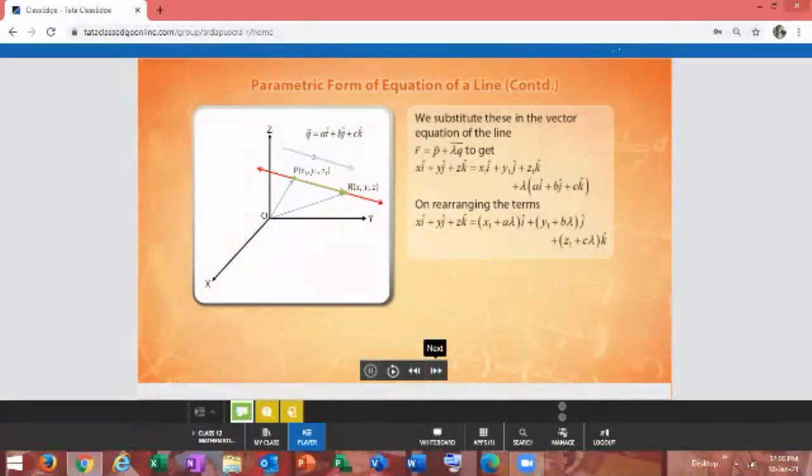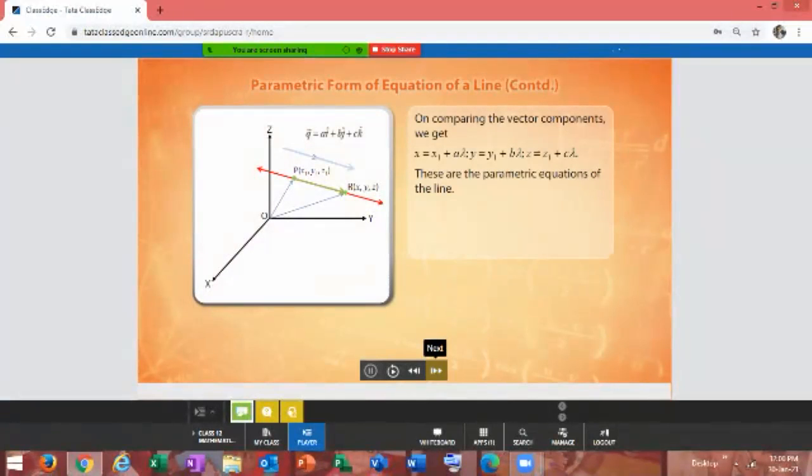Look at here, equating the coefficients of i, j and k cap on both sides, the vector equation gives x equals x1 plus a lambda, y equals y1 plus b lambda, and z equals z1 plus c lambda. So these are the parametric equations of the line. Parametric means it depends upon some parameter, and here x, y and z depend upon the value of lambda.